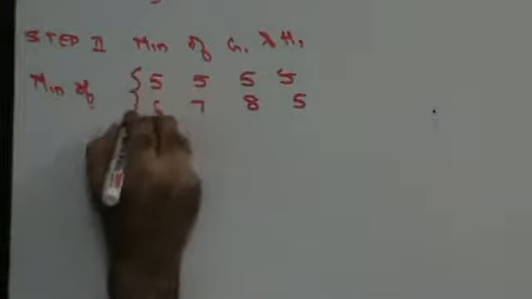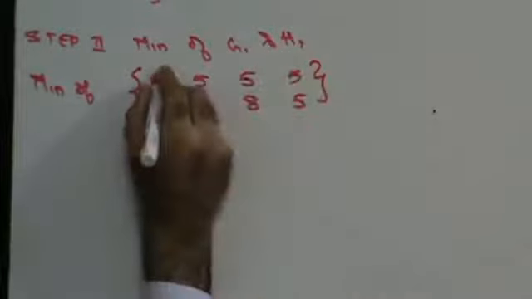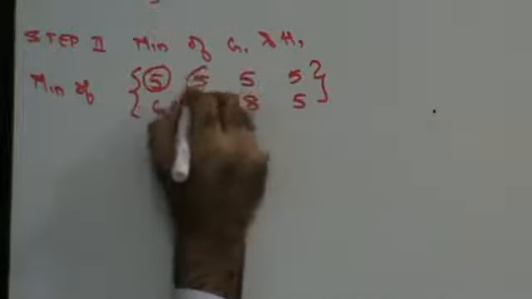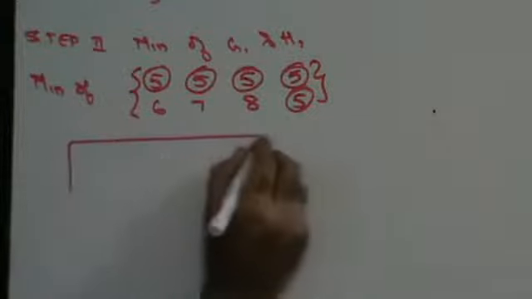So there are going to be multiple alternatives here. You have 4 of them here. In this step only you will get all your alternatives.